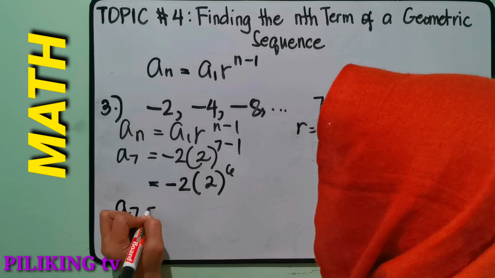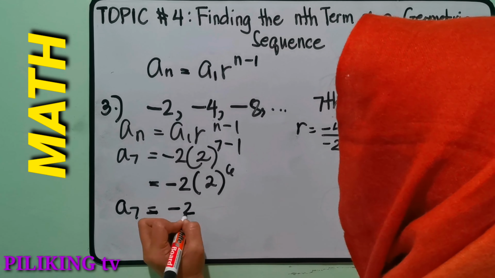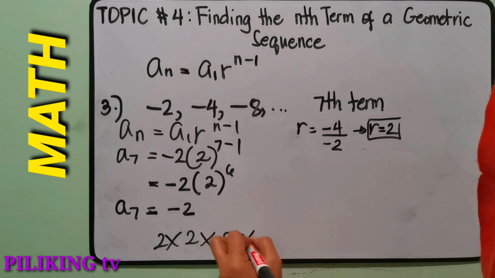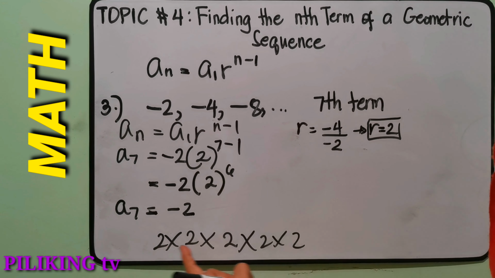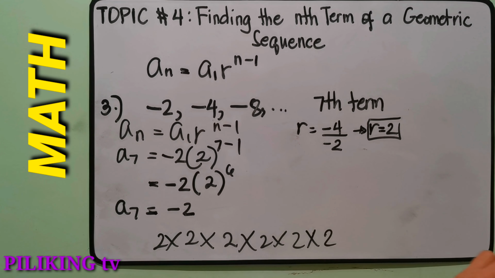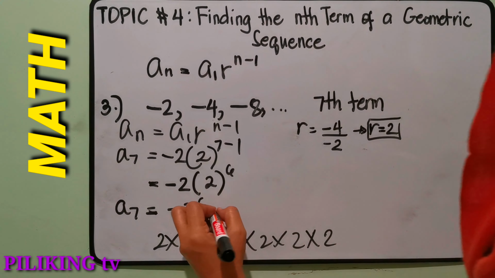So a sub 7 is equal to negative 2 times 2 times 2 times 2 times 2 times 2 times 2. So 1, 2, 3, 4, 5, 6. Okay, so 2 raised to 6 is now equal to 64.